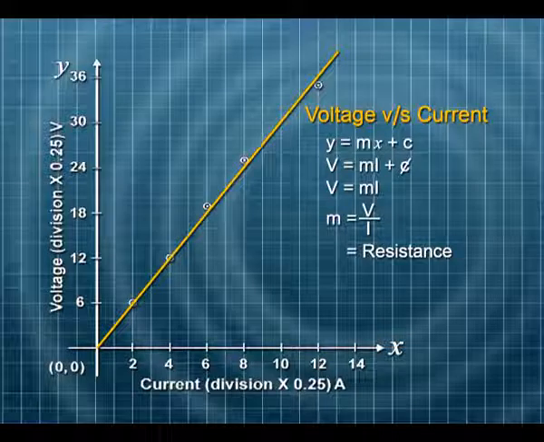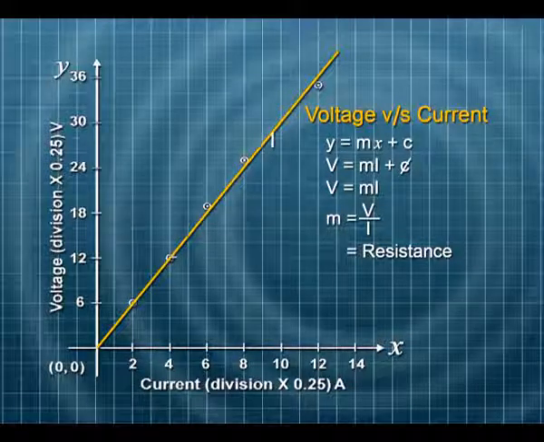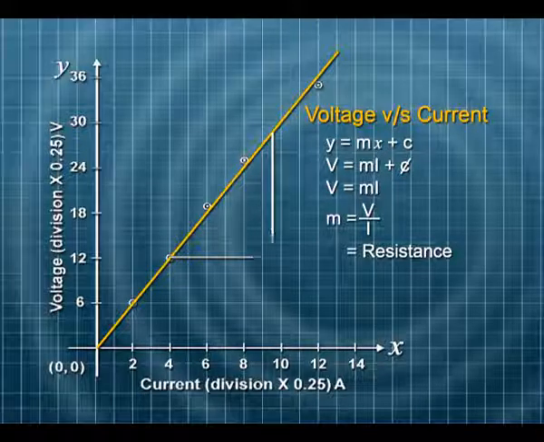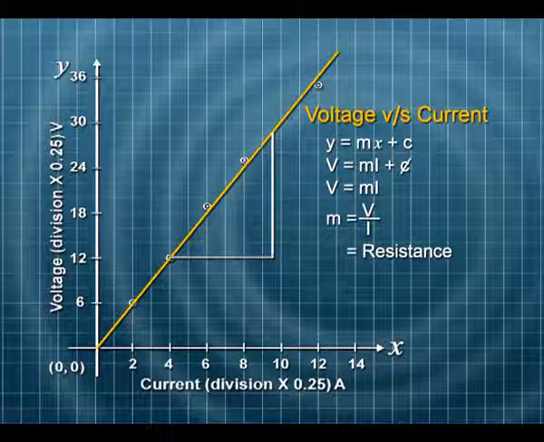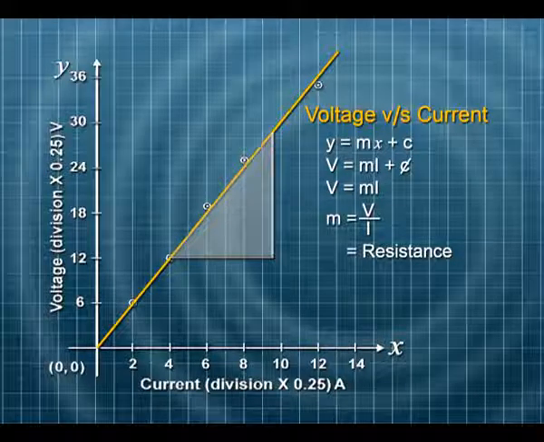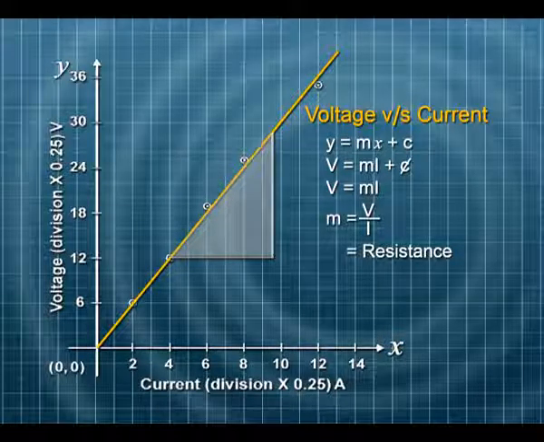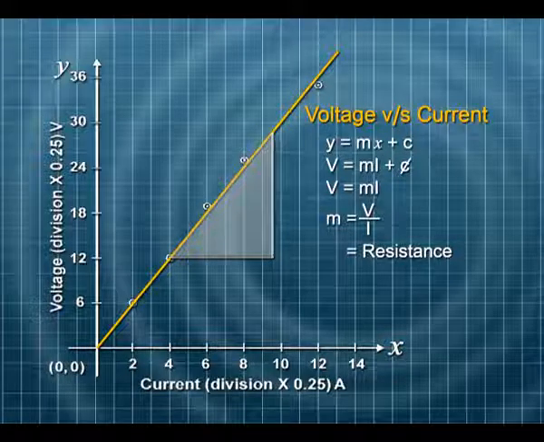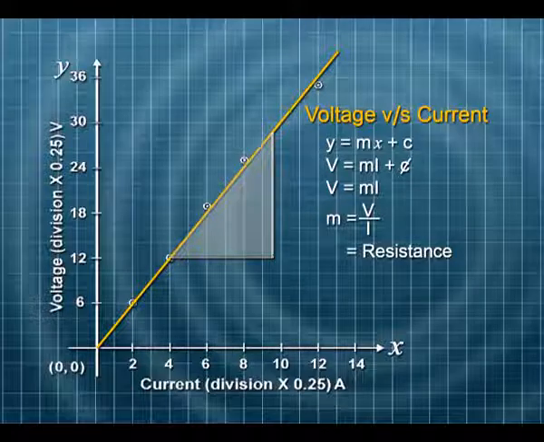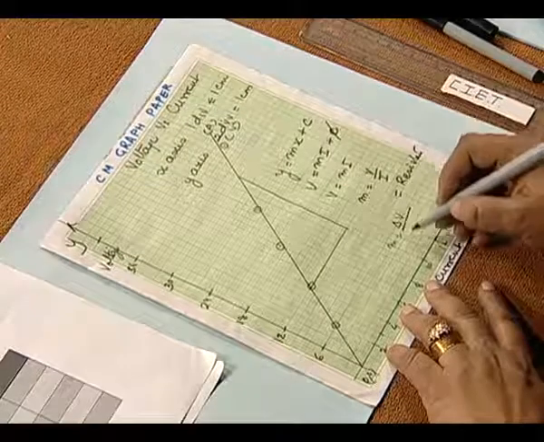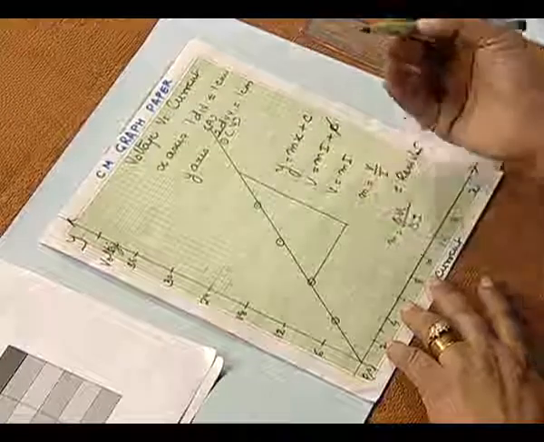How do we take the slope of the line? We just draw a triangle, choosing any point on the line, a right angle triangle, so parallel to the y axis, and another base for it, which is going to be a right angle triangle like that, and the slope would be given by variation in the value for voltage upon variation in the value for current.